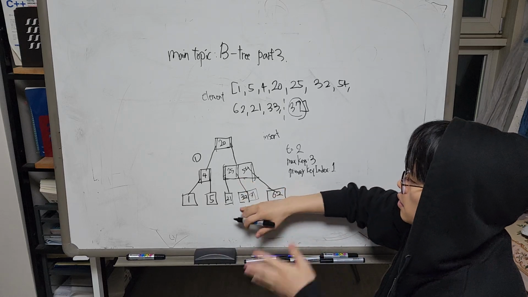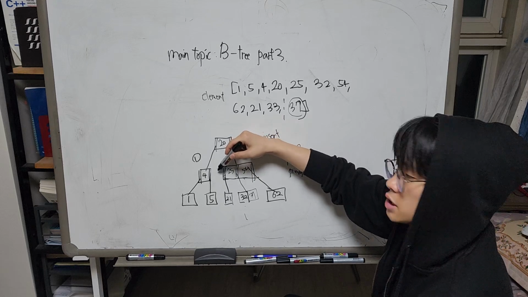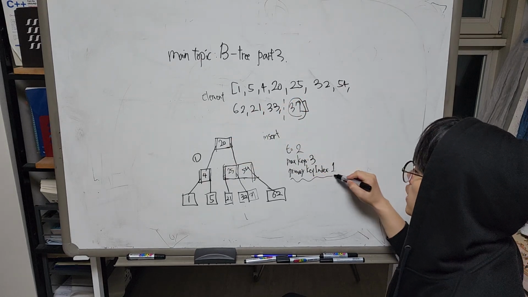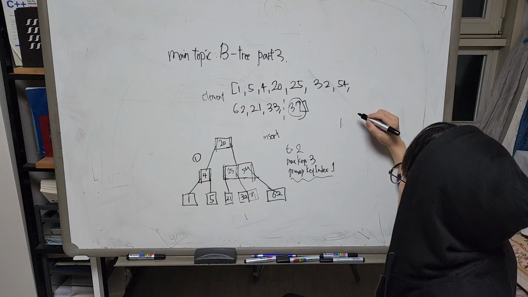So before, this node was already 4, right? So we're doing the same thing: we find the primary key index first.